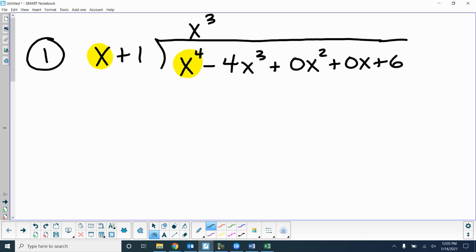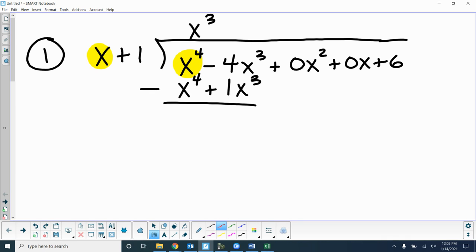Okay? So x to the third times x is x to the fourth. And x to the third times 1 is 1x to the third. Since it's a positive times a positive, that's still positive, right? Now, in long division, what are we supposed to do now? Subtract, yes.